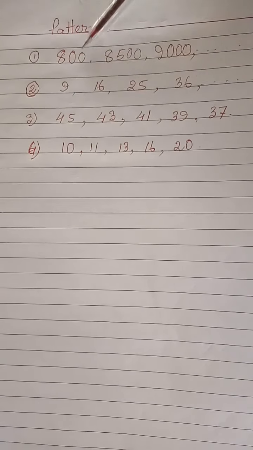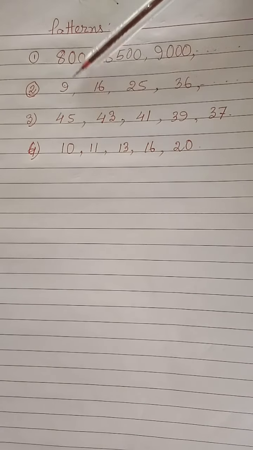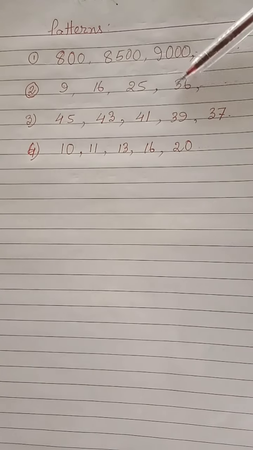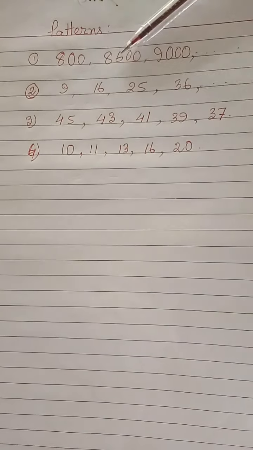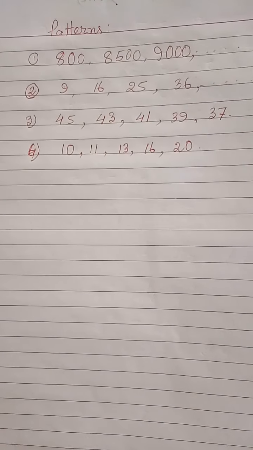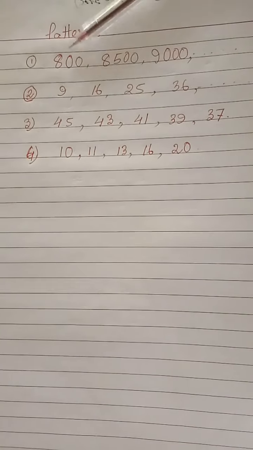You see here 8000, 8500, 9000, and 9, 16, 25, 36 and so on. These are patterns because they follow certain rules in this list of numbers. So a pattern is a list of numbers which follows certain rules based on the previous number.